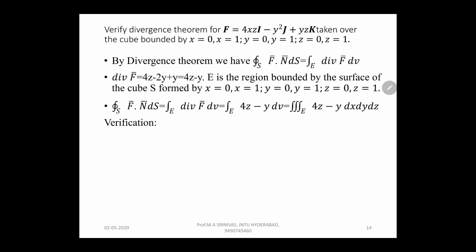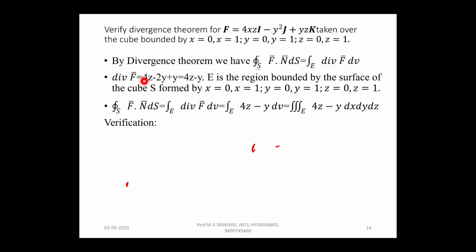What does the divergence theorem say? The surface integral of f bar over this is equal to the volume integral of div f bar. These two we have to find out. So I need div f bar. First I will find the divergence of f bar.